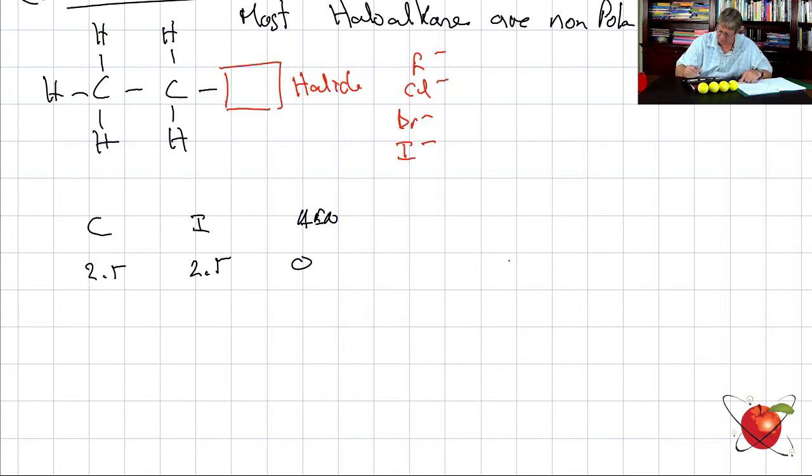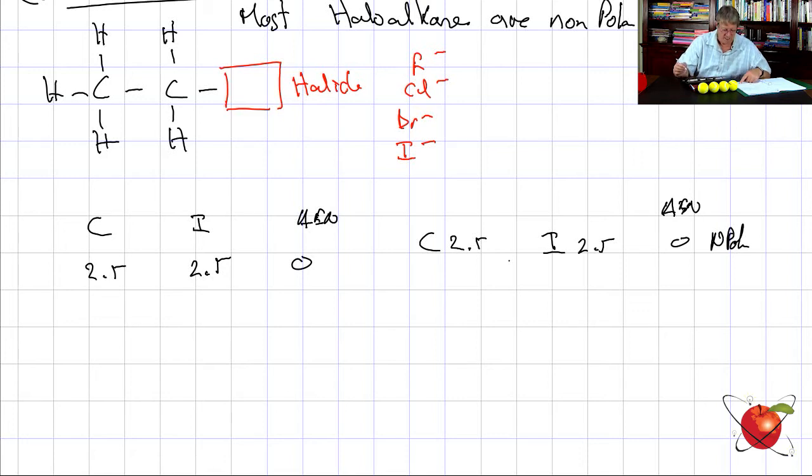Well, let's make a table, shall we? All right, carbon, iodine, and delta. Okay, I haven't done this table in my notes, but let's just do it over here. Carbon is 2.5, iodine 2.5. Delta electronegativity 0. Therefore, non-polar.